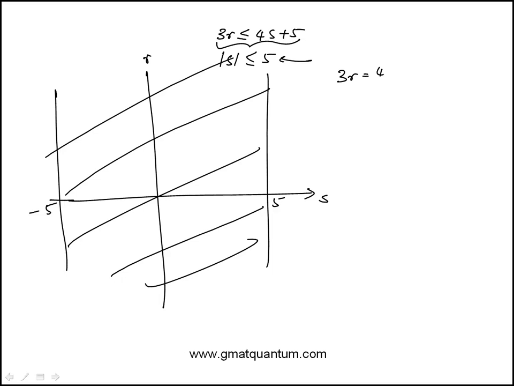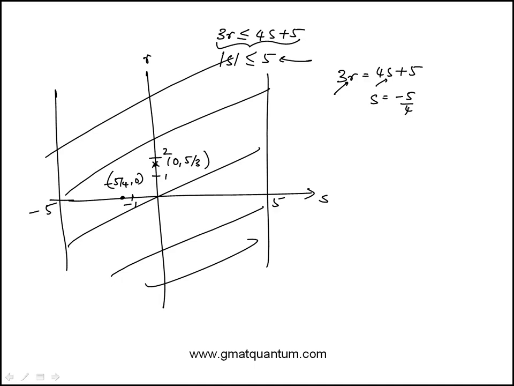The other one, the equation would be 3r equal to 4s plus 5, and the y coordinate is 5/3 when s is 0. So if this is 1, this is 2, it would be somewhere here. And the x coordinate, when r is 0, s would be minus 5/4, so that would be somewhere here.